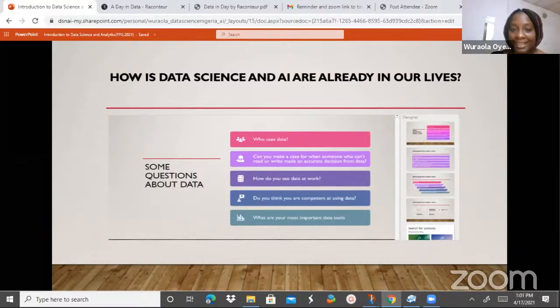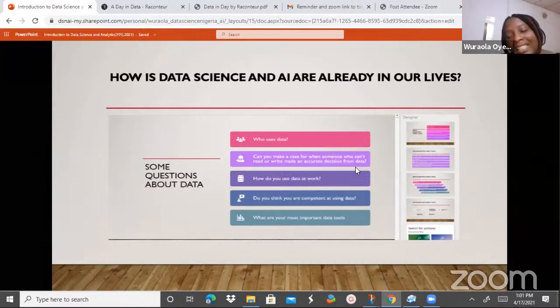Okay, are there other instances where you know that this thing that is working is AI? Okay, Google Maps, cool. For detecting traffic, perfect.